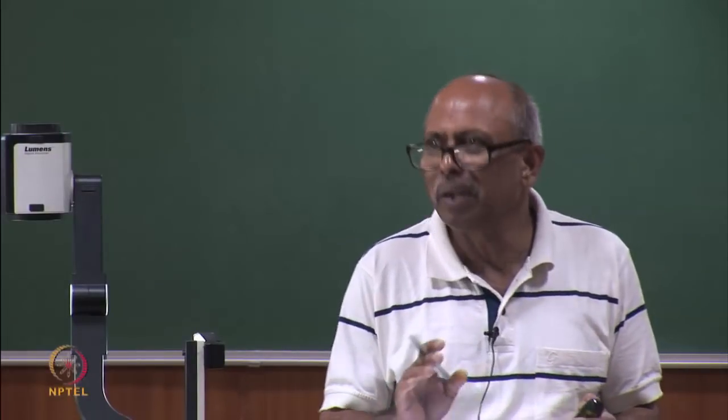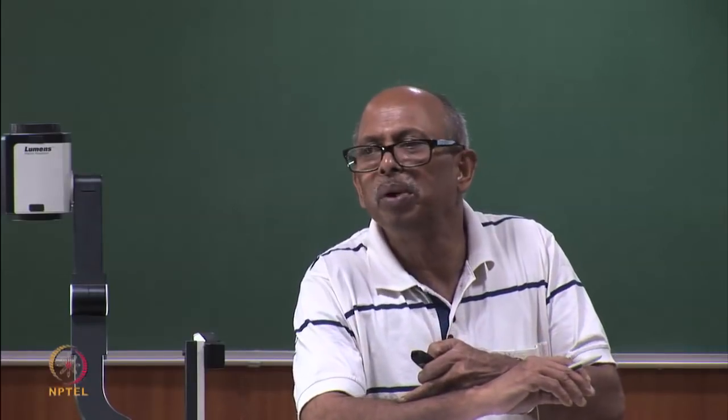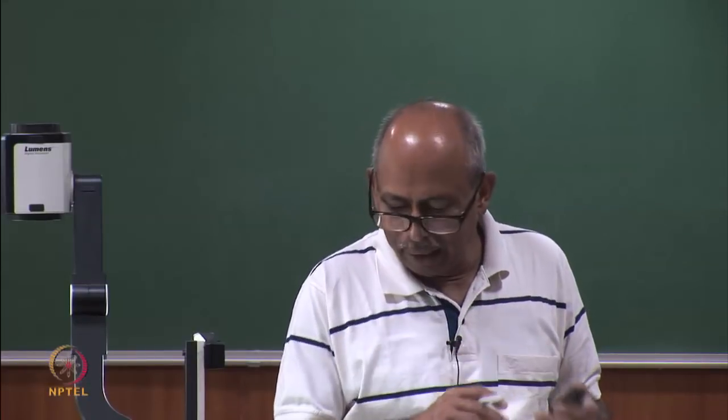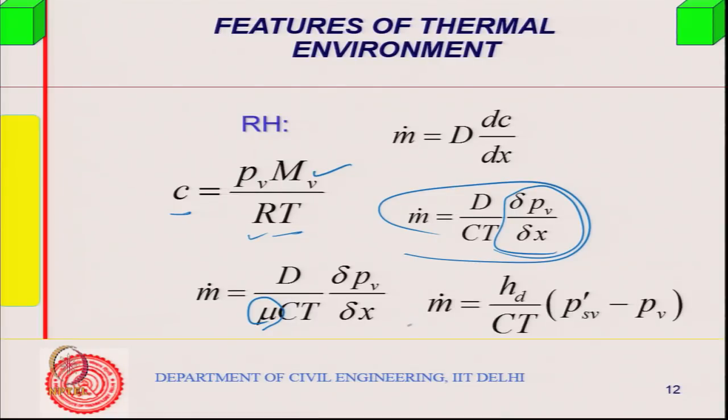So, the amount of moisture that can evaporate from your body is a function of the vapor pressure gradient as well. And to this I can add a frictional coefficient. This is if there is no kind of resistance, but if there is a frictional resistance, then I will just put this mu as a frictional resistance term.